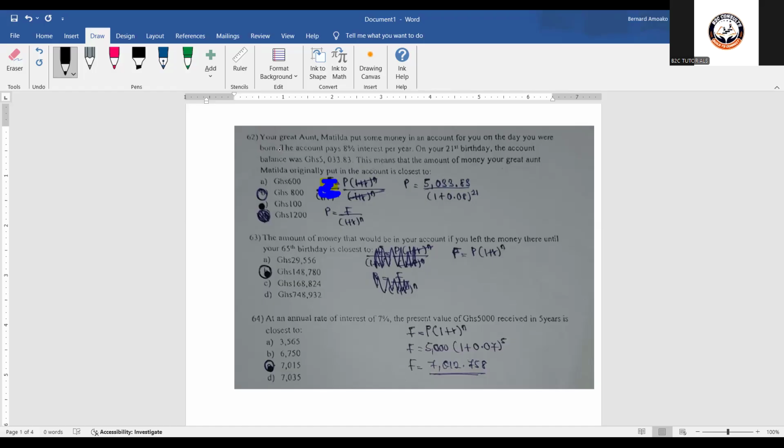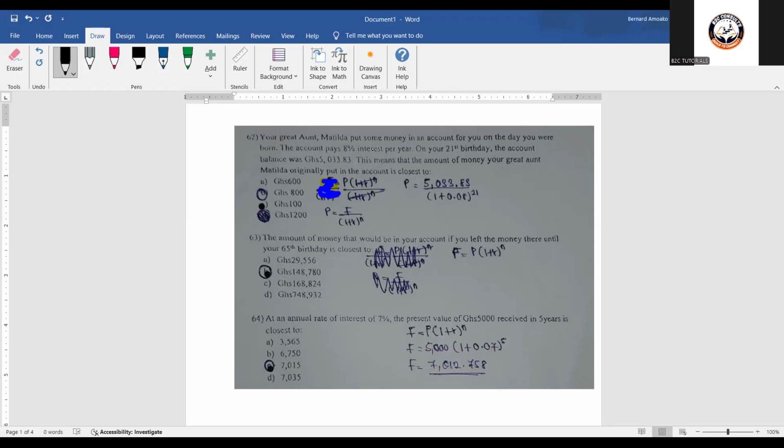The account pays 8% interest per year. On your 21st birthday, the account balance was 5033.83.